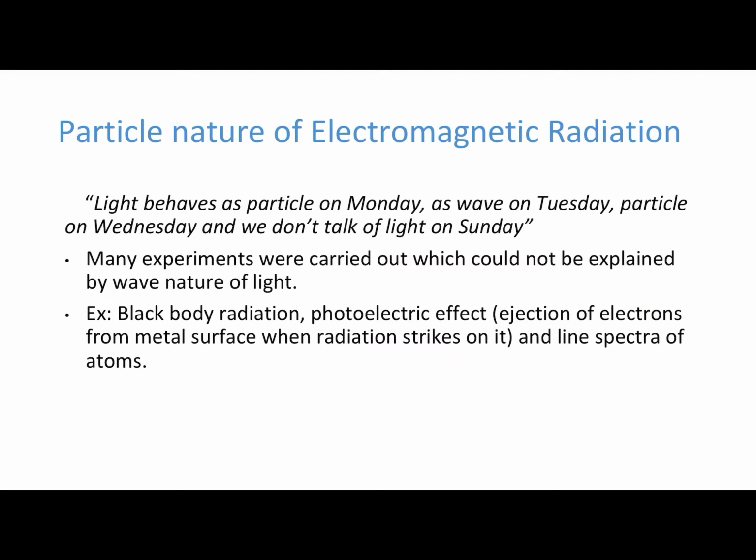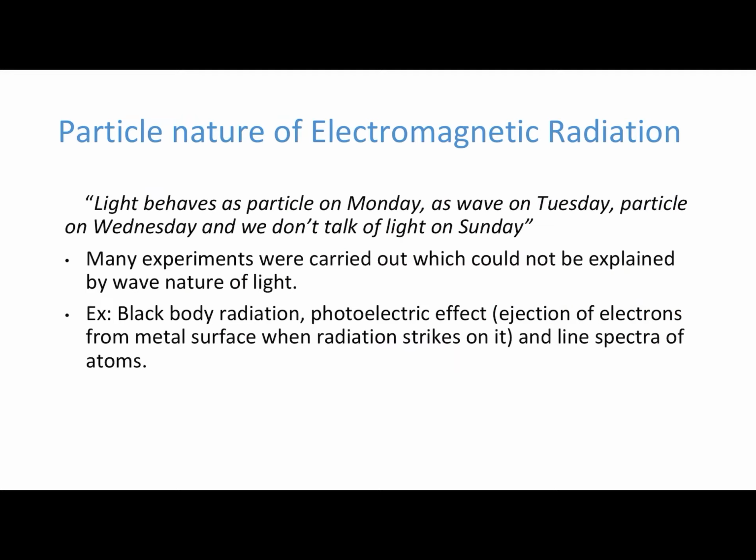Light behaves as a particle on Monday, as a wave on Tuesday, a particle on Wednesday, and we don't talk of light on Sunday. What does it mean? It means confusion. The particle nature of light posed a dilemma for scientists.